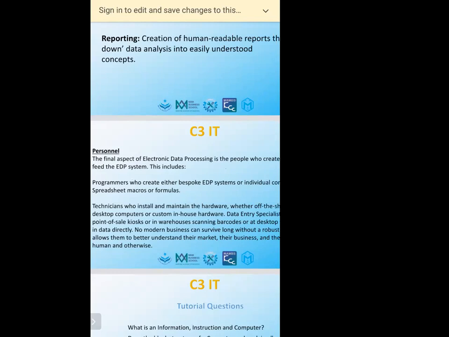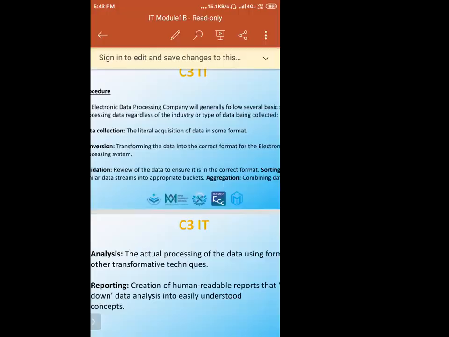Then the programmer will be there. A programmer is the one who creates the program and writes the set of instructions. Then EDP managers and some technicians will be there. So these are the persons involved in the electronic data processing system. These are all called persons.